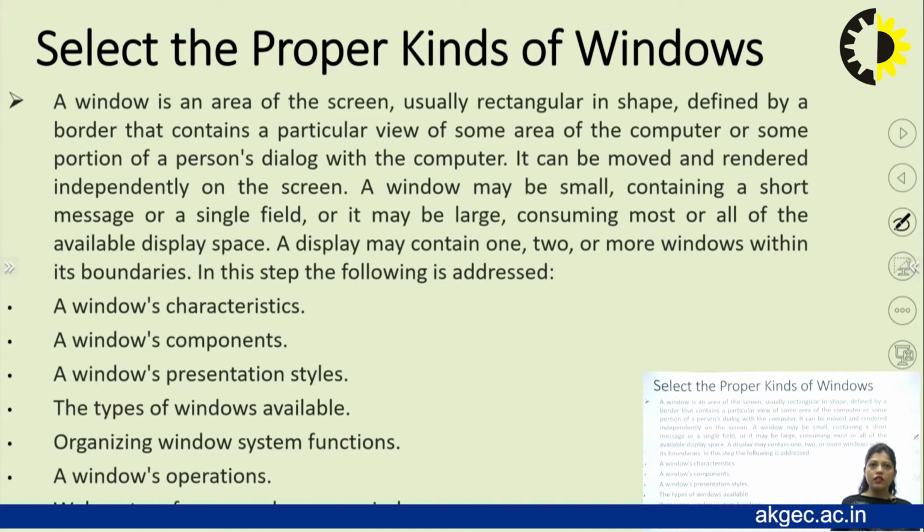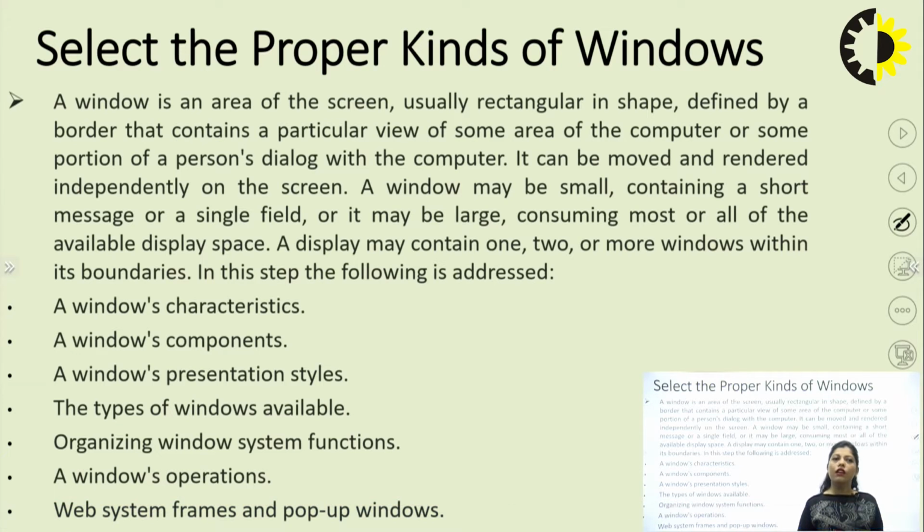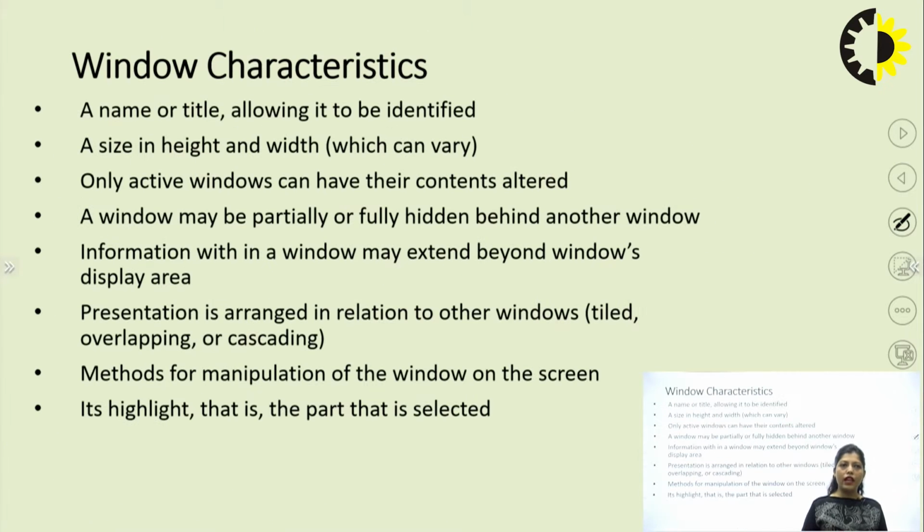Window operations are the work we do on the screen. Pop-up windows are like the dialog box and message box. And web system frames means the window has a border, a frame, an outline.